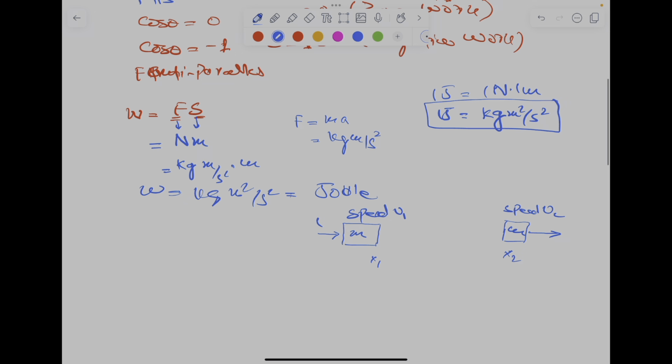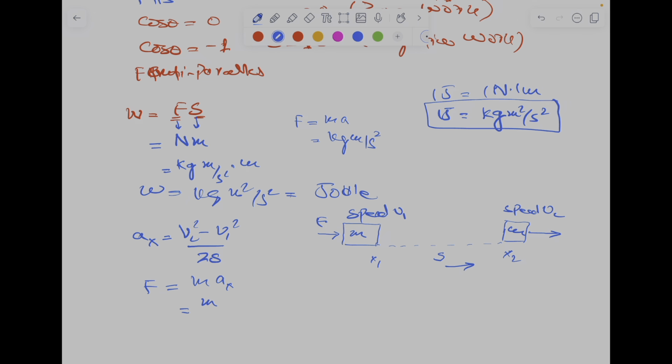When a force is applied on a body, we learn that it produces acceleration. So in that case, our acceleration along x, we can define by using the equation of motion, as v2 squared minus v1 squared divided by 2s, because it covers that s in the same direction as the force is applied. So this is your acceleration, and we know that force is mass times acceleration. So we substitute the value.